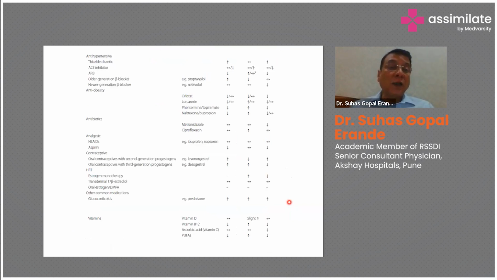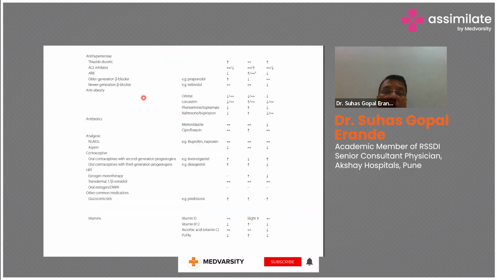And there are other drugs, for example, the ACE inhibitors, beta blockers, angiotensin receptor blockers, calcium channel blockers, different kinds of diuretics. They also have some beneficial and some maybe not so beneficial effects on different lipid parameters. Analgesics like NSAIDs also have some effects on the triglyceride levels or LDL levels. Aspirin can reduce TG, can reduce LDL to some extent.